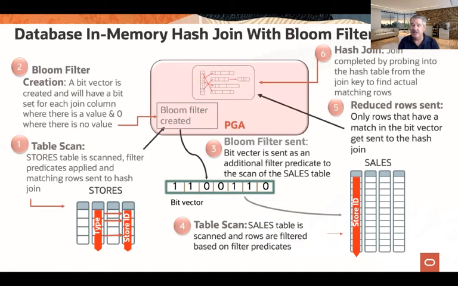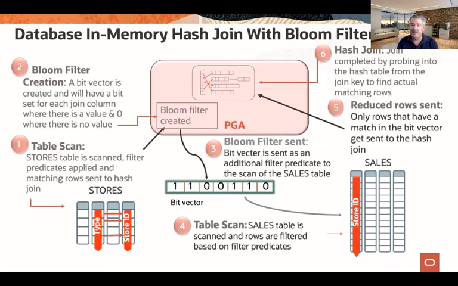It does require at least one filter predicate on the stores table to be able to create the Bloom filter. So we create the Bloom filter and then the hash table in the PGA, and instead of having to probe the hash table, we use the Bloom filter to test whether we've got a match in the join keys.